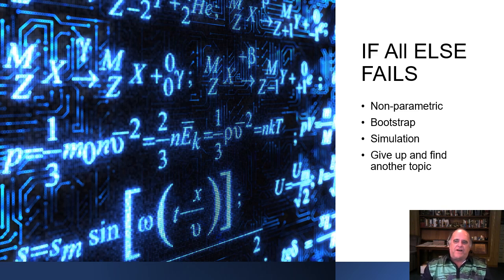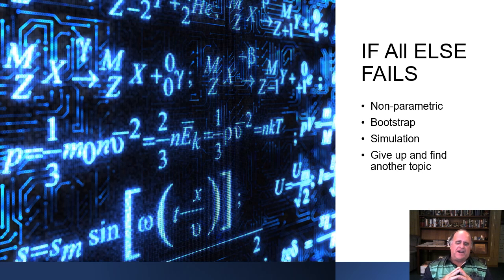Okay, and then what if all else fails? We talked about these assumptions: normality, linearity, additivity, avoiding multicollinearity, homogeneity of variance. But what if you violate them? Well, some people would argue that parametric statistics are actually pretty robust to violations of assumptions.